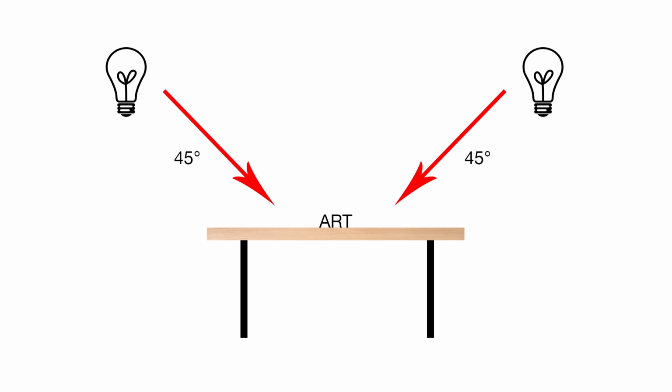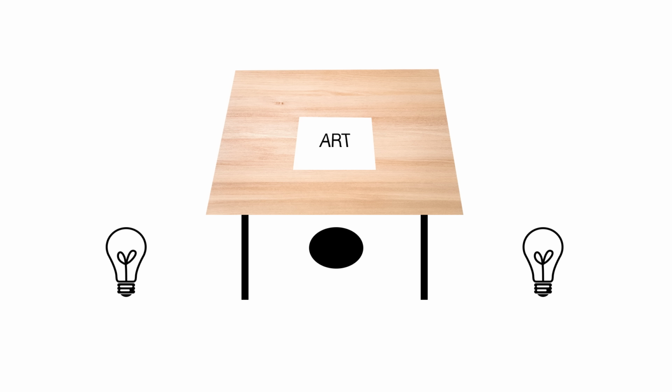Now, depending on your setup and the intensity of the light that you choose to use, you may have to move these lights up or down to find the right distance from your artwork so that you have the right intensity of light as well. For a tilted surface, I recommend moving the lights slightly behind you, but keep the angle at 45 degrees. This will result in an even distribution of light without any glare.